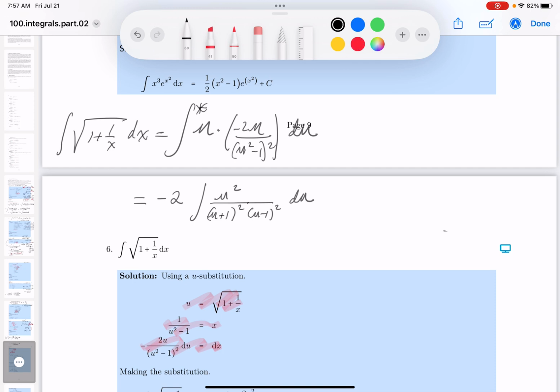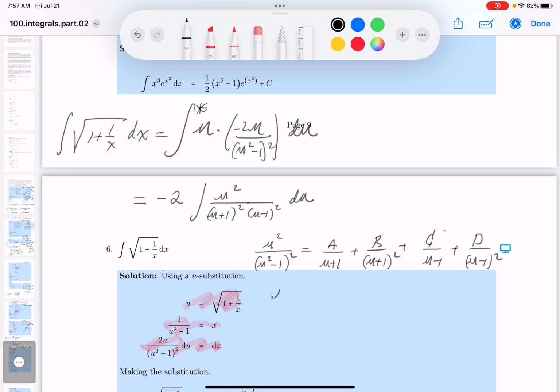So u squared over u squared minus 1 squared is going to be A over u plus 1 plus B over u plus 1 squared plus C over u minus 1 plus D over u minus 1 squared.